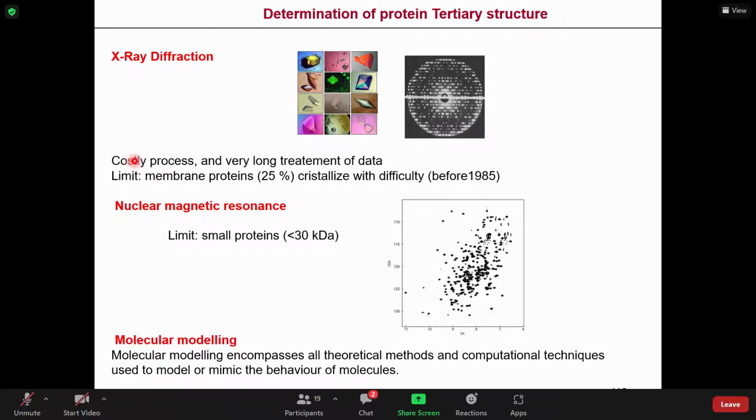This process can be expensive because you need a lot of protein, so you need to purify the protein. The purification of the protein can take a lot of time, and also you have to crystallize the proteins.